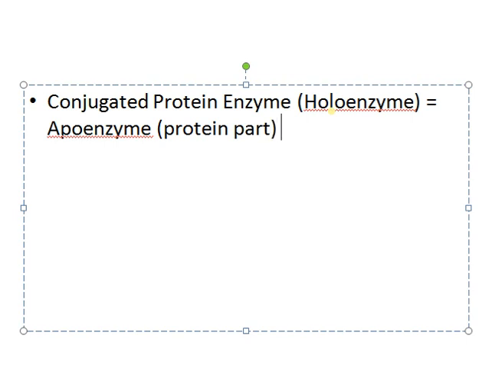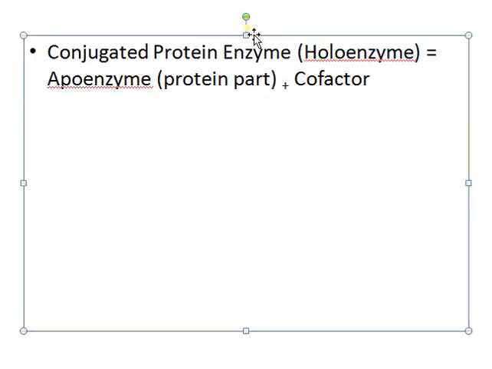So a conjugated protein enzyme is made up of, from the name itself, a protein part, plus a cofactor, because it is conjugated. Simple proteins are of different kinds, but they have only the protein part in them.